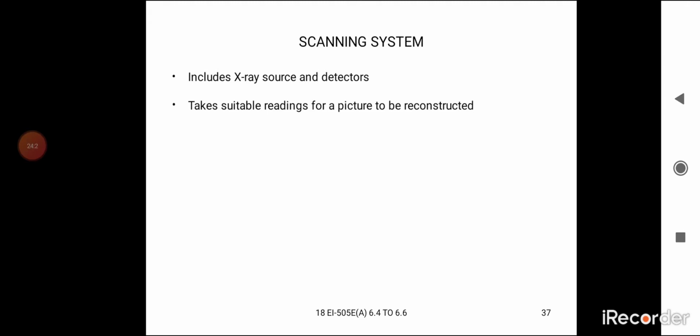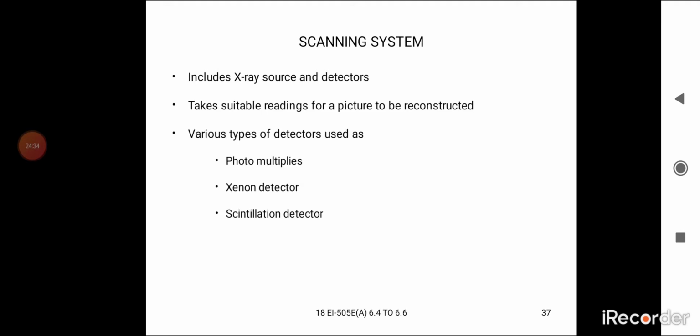It takes suitable readings for the slice to be reconstructed. Various types of detectors are used, such as photomultipliers, xenon detectors, and scintillation detectors.